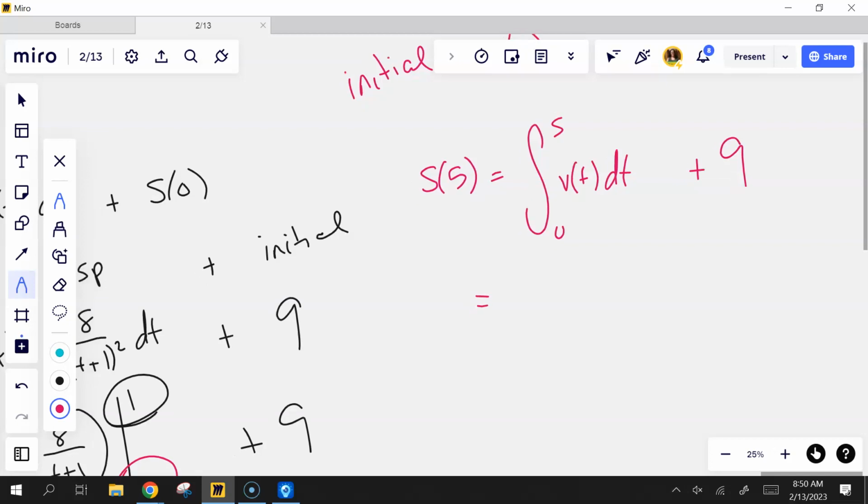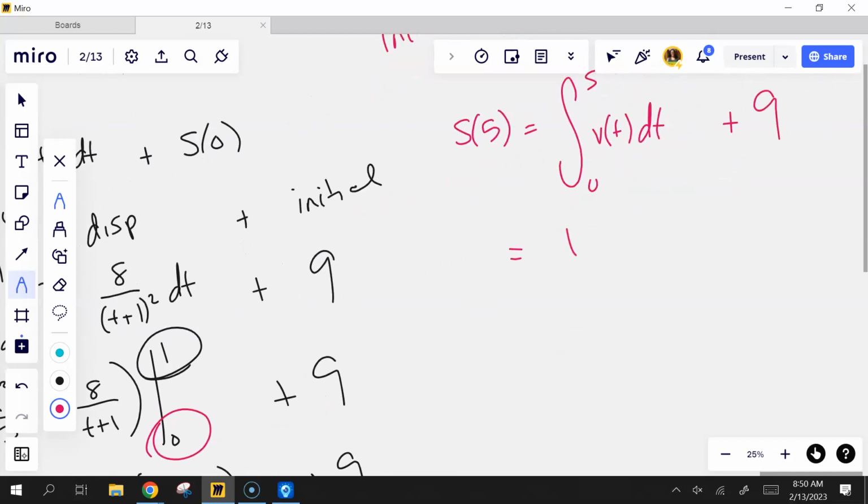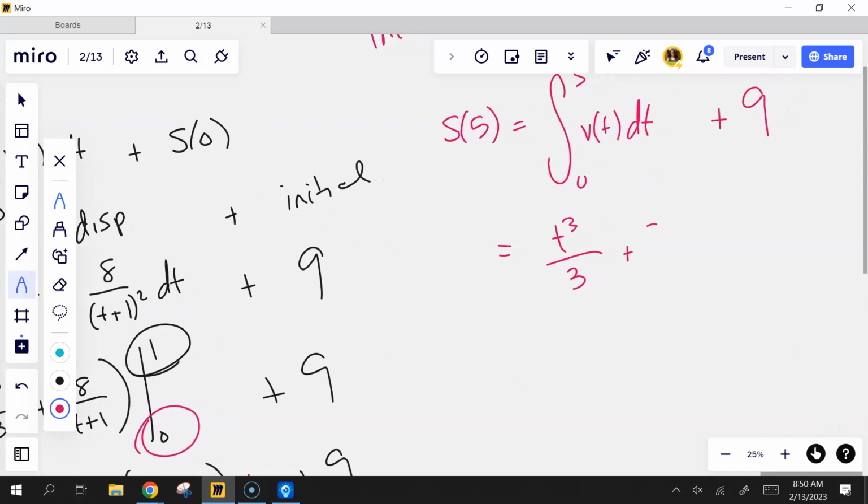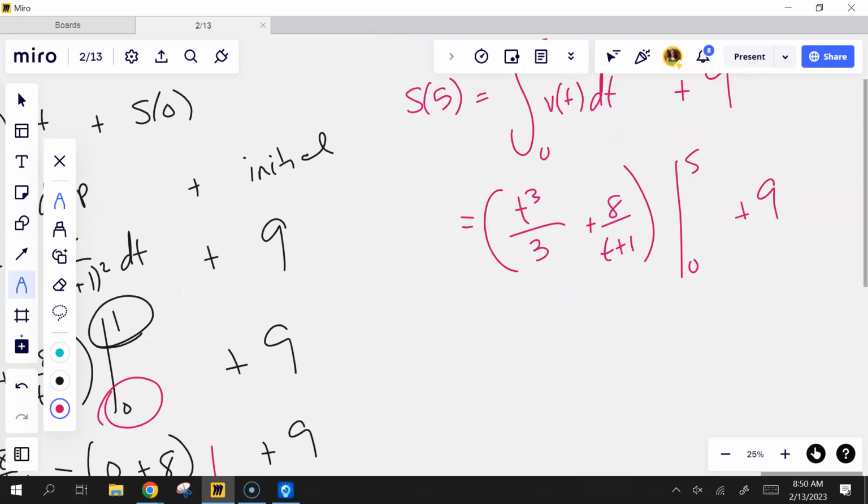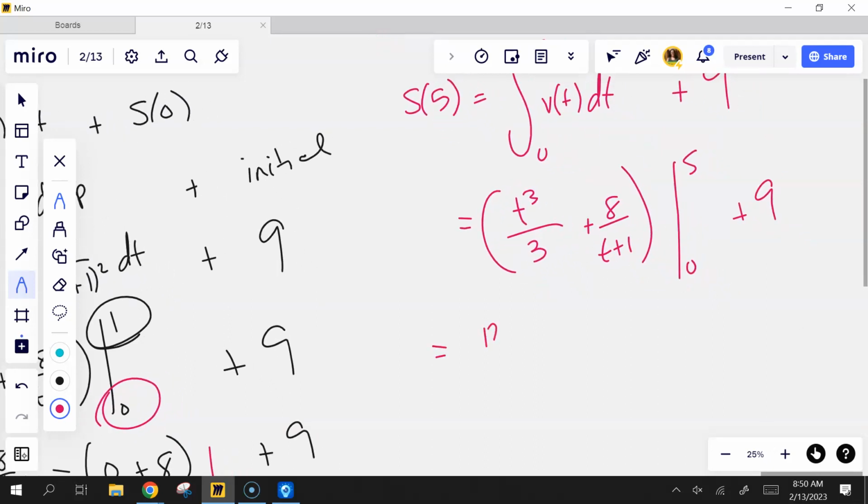Again, I'm going to use the same equation, plus 8 over t plus 1 from 0 to 5. 125 over 3 plus 8 over 6 minus 0 plus 8.